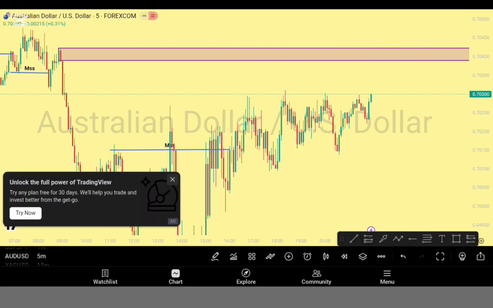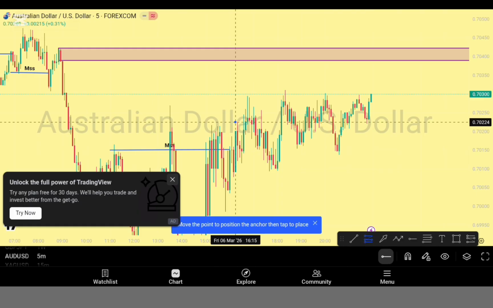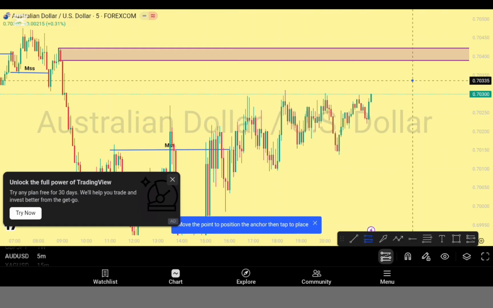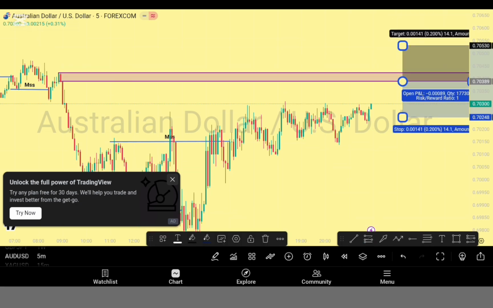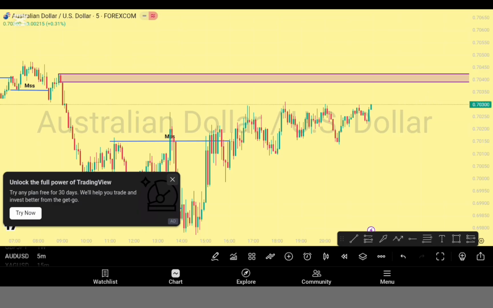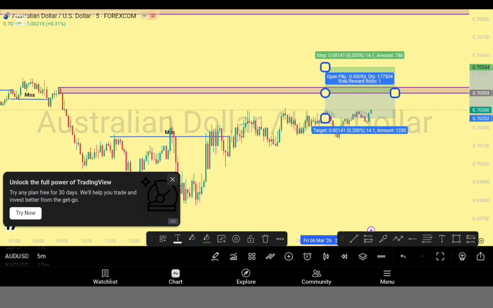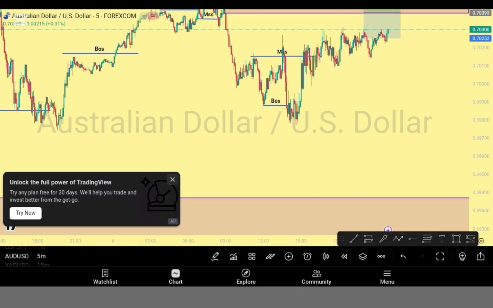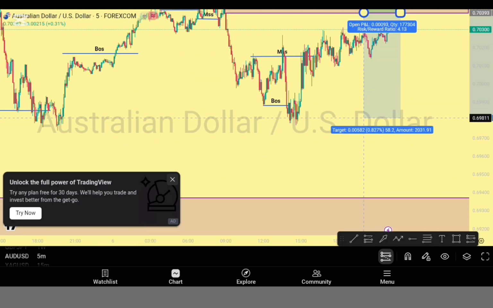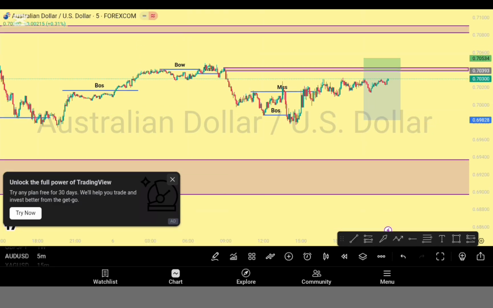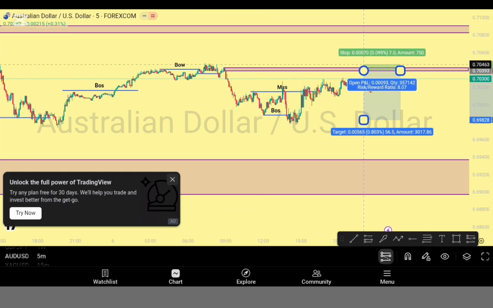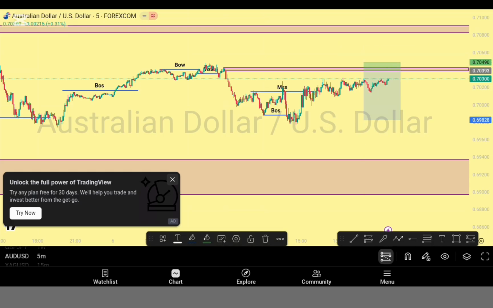Okay, then we're going to sell down from here. We're going to sell till this point, and we're going to adjust our stop loss a little bit above there.